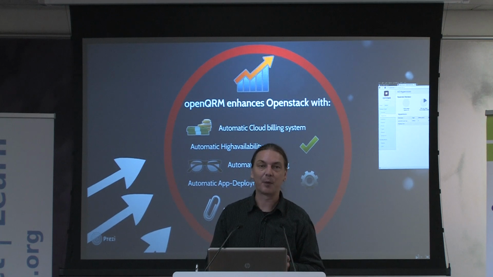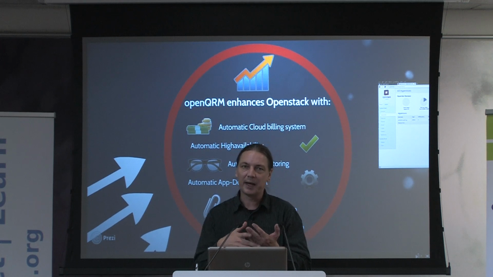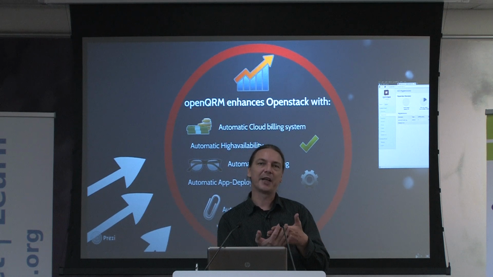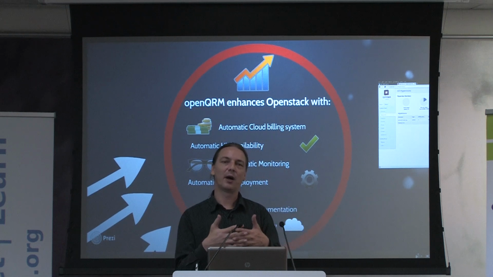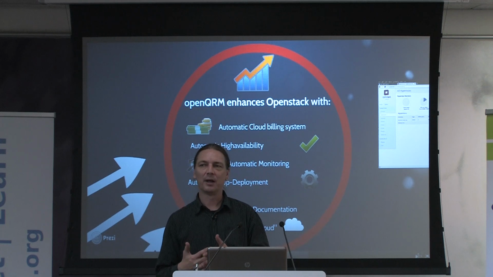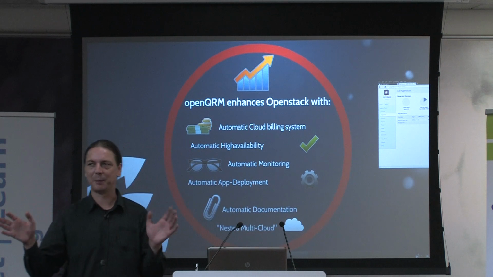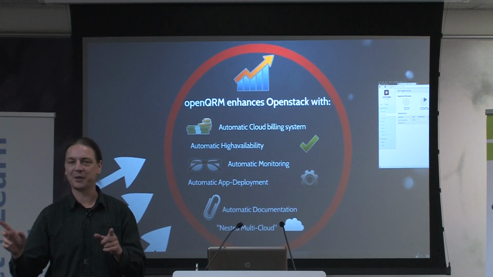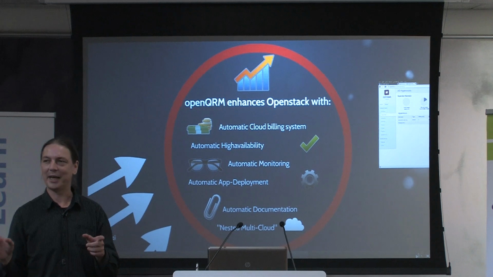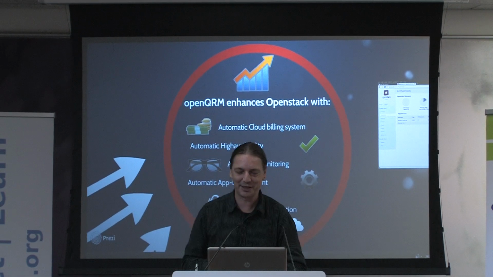Similar to the automatic app deployment, which we provide with Ansible and Puppet, we have built in the application deployment also in the cloud portal as a product. Who's using Puppet? Hello? Who's using Puppet? Okay, some. Who's using Ansible? Okay, at least somebody. Ansible is coming. It's getting more attention.